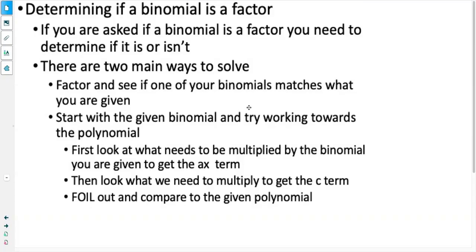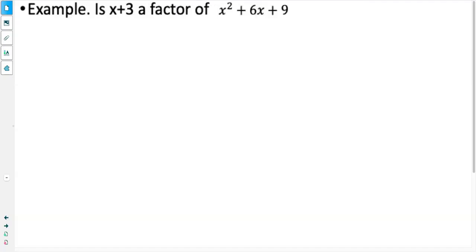So we'll do one example using one way, one example using the other way. So for example, is x plus 3 a factor of x squared plus 6x plus 9? Because we mentioned factoring first, we'll do the factoring method first. So this has a product of 9 and a sum of 6.